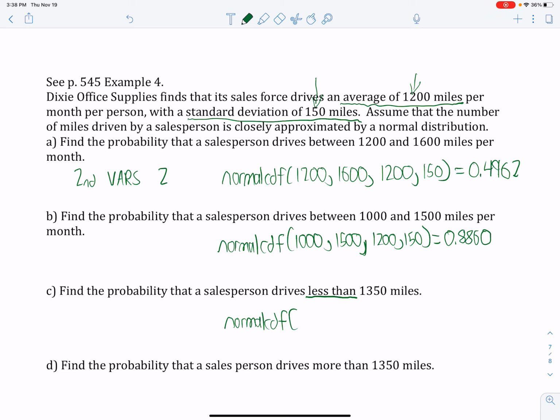So basically, you want to enter something really small. I usually just do something like -1 million. And then here, my highest possible number would be 1,350. My mean is still the same of 1,200. My standard deviation is still 150.